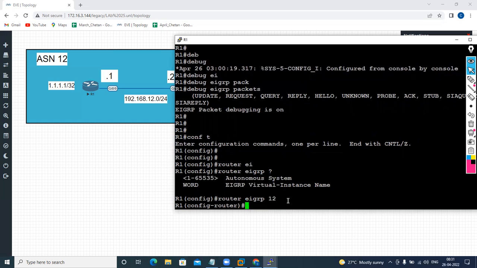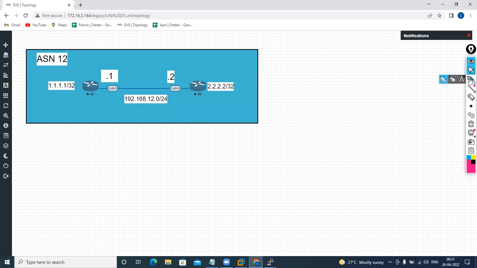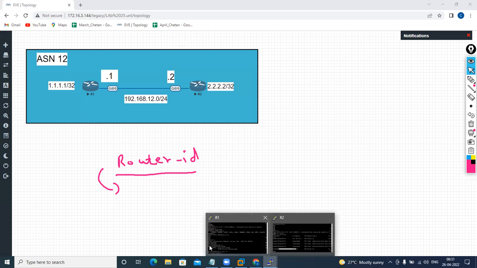So now, what about router ID? Tell me what do you mean by router ID? Yes, router name, that is hostname, right? I provided the router name already. Can you see it?